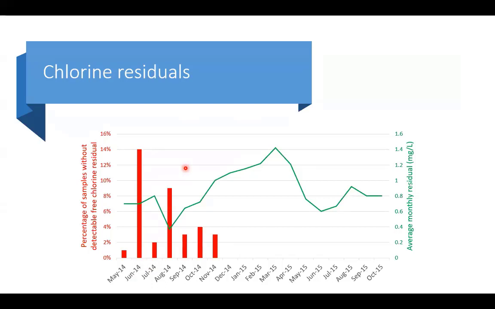So they didn't exceed the regulatory limit because in July, the levels did decrease, but again, they increased in August, and this is a significant concern in that they're not maintaining a stable chlorine residual throughout the disinfection system.